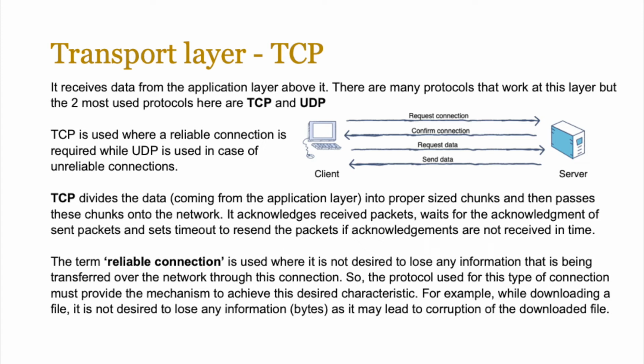It acknowledges received packets, waits for the acknowledgement of sent packets, and sets a timeout to resend the packet if acknowledgements are not received in time. So all of that error checking that we know from AS level happens at this particular stage. The term reliable connection is used where it is not desired to lose any information that is being transferred over the network through this connection.